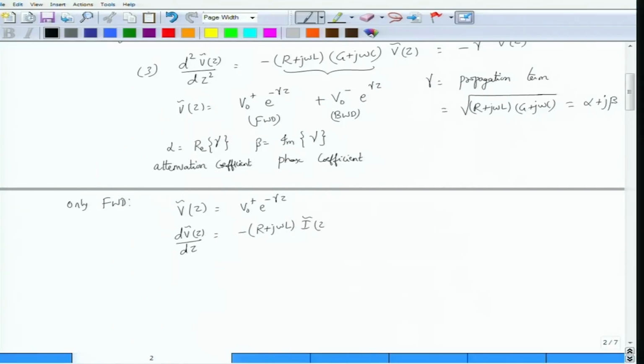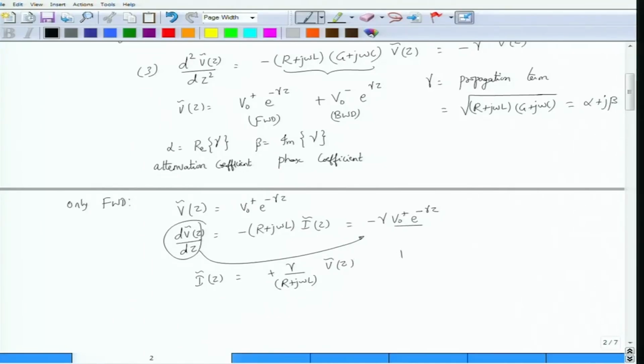So when you differentiate this V of z with respect to z, it will give you minus gamma V0 plus e power minus gamma z. Clearly what we have is I of z being given by gamma by (R plus j omega L) into the phasor V of z, because the minus on both sides will cancel, and this is nothing but the voltage phasor.